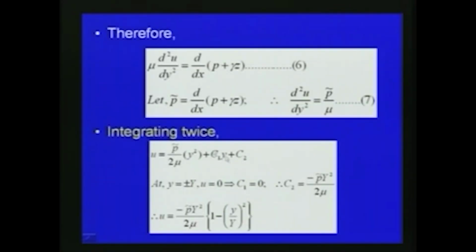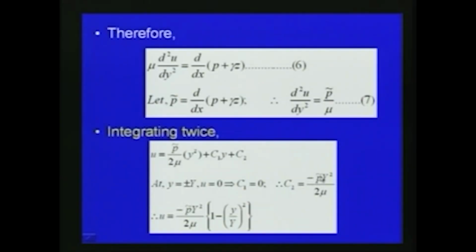Now we will introduce the boundary conditions on the plate. Due to the no slip condition, at y equal to plus or minus Y the velocity is 0, from which we get the constant of integration C1 equal to 0, and C2 is equal to minus P tilde Y² by 2μ.